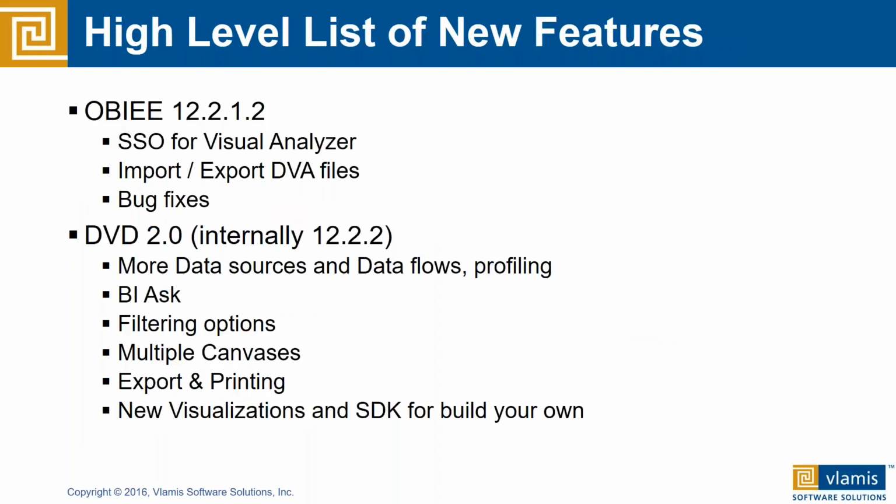Just a little bit of some high-level features, a high-level list of what the new features are. We'll go through Oracle BI and look at some of those new features in this almost a patch release of Oracle BI 12.2.1.2. Not as much in there, but the big news is the Data Visualization Desktop, what's known as 2.0. Internally, the version number is 12.2.2. And we'll go through some of those features in a lot more detail.